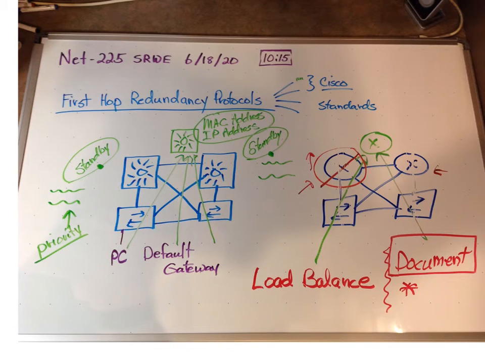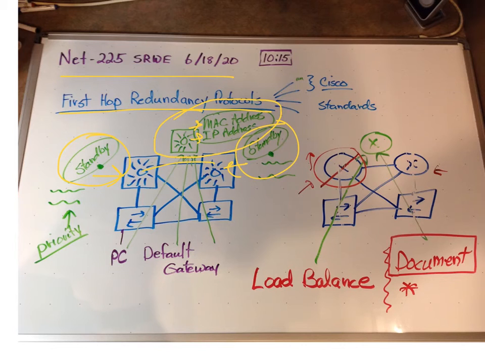We finished up the day, okay, with first hop redundancy protocol. And the whole idea is you can create a virtual MAC and IP address by setting up one of these protocols between two routing devices, so that they talk to each other.